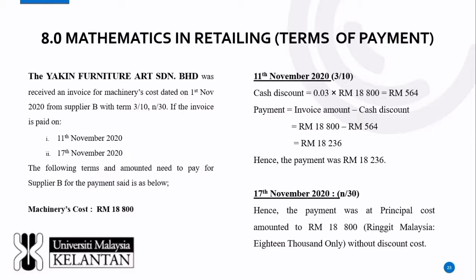Mathematics in retailing, which covers the terms of payments in terms of buying and selling in retailing. Yakin Furniture Arts Sdn Bhd received an invoice for machinery dated 1st November 2020 from supplier B with the terms 3/10, N/30, for the invoice paid on 11 and 17 of November 2020.